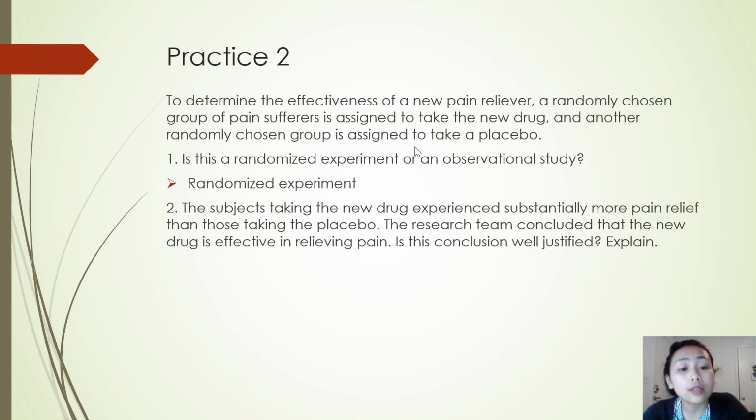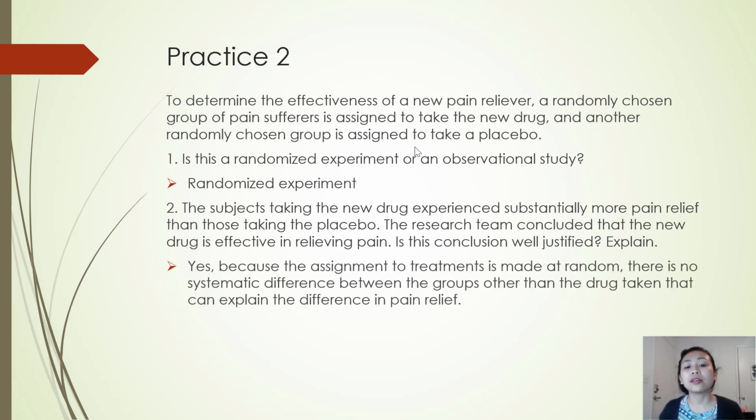Second question, the subjects taking the new drug experience substantially more pain relief than those taking the placebo. The research team concluded that the new drug is effective in relieving pain. Is this conclusion well justified? Yes, because the assignment to treatment is made at random.